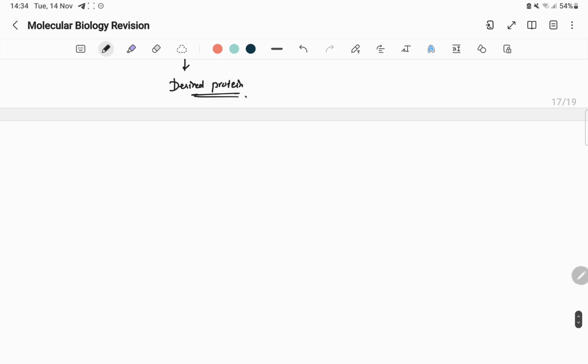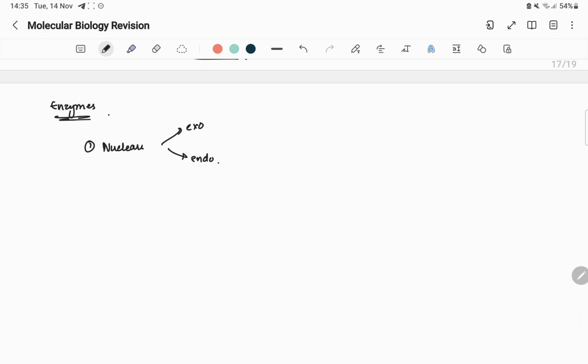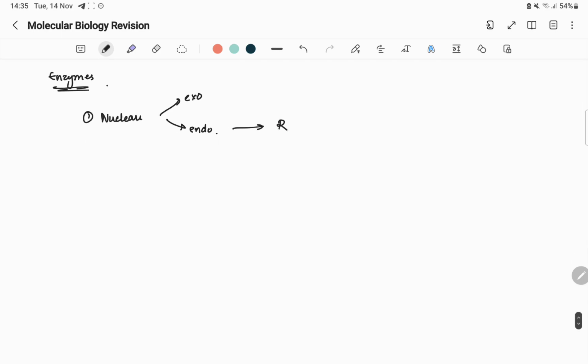Then what are the enzymes needed in recombinant DNA technology? We need nucleases, the exonucleases or endonucleases. So we require the restriction endonucleases, which are called the molecular scissors. There are 3 types, 1, 2 and 3, and some books write there are 4 types.